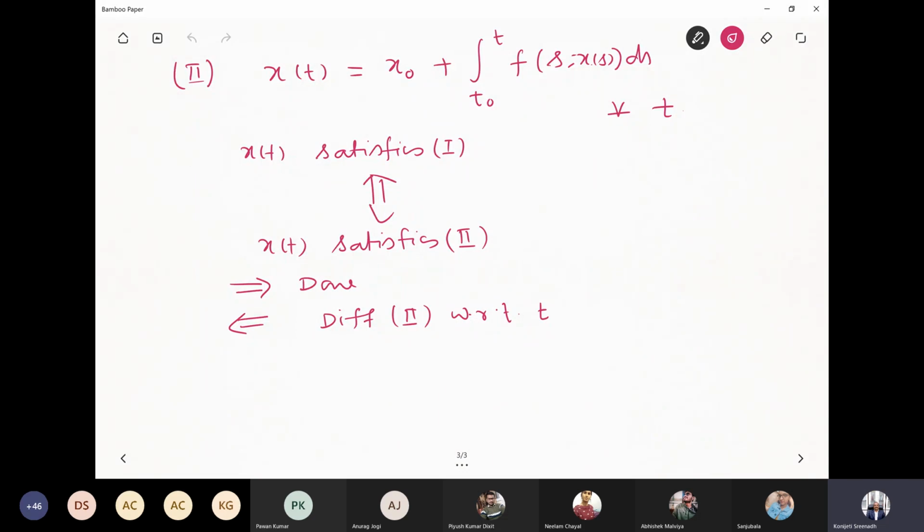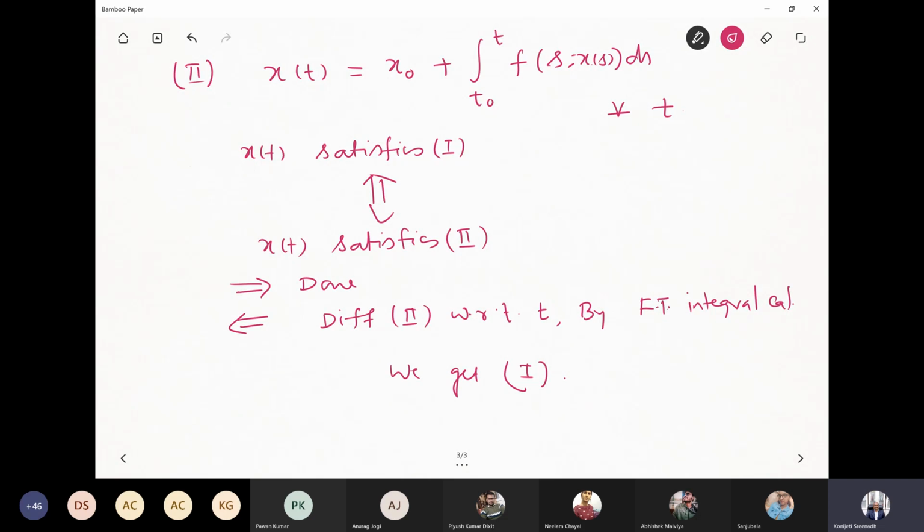Therefore, if I differentiate 2 with respect to t, we get easily, by the fundamental theorem of integral calculus, equation 1.